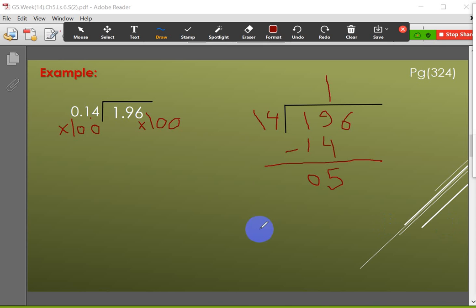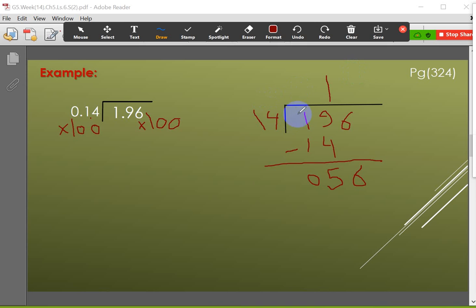Yes, Noor, open the mic. Stop typing on the chat, girls, or I will block the chat. Okay, now I will take the 6 and put it next to the 5, so the number becomes what? 56. Now 56 divided by 14.